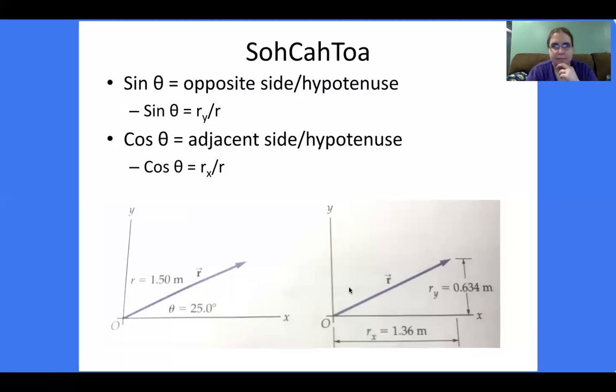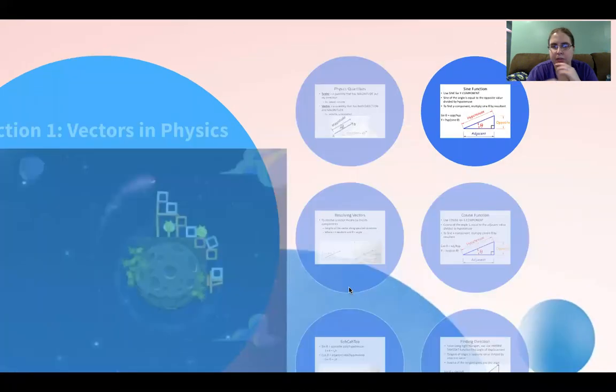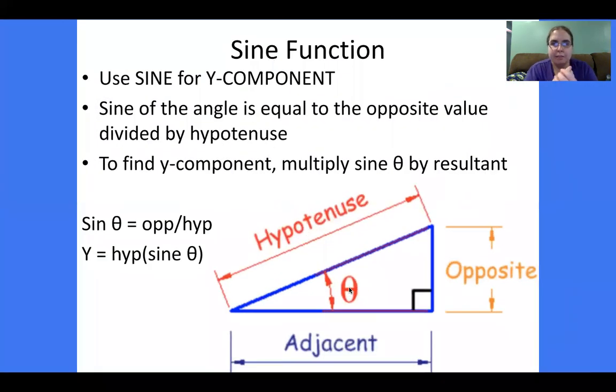All right, let's take a little bit more look at this. So sine function, we use sine for the y component because more often than not, we're going to be looking at the angle that is opening up to the y side. So generally, a good rule of thumb, use sine for the y component. Sine of the angle is equal to the opposite value, the y component, divided by the hypotenuse.